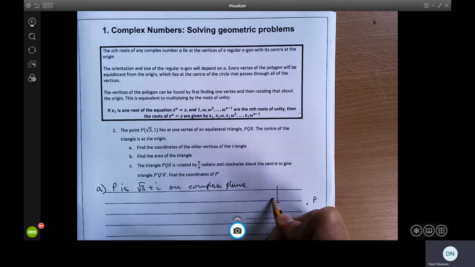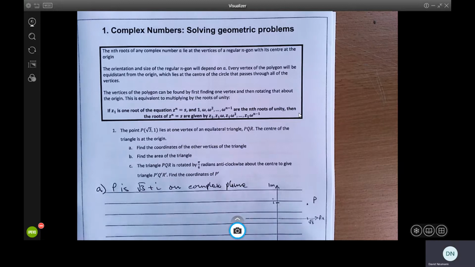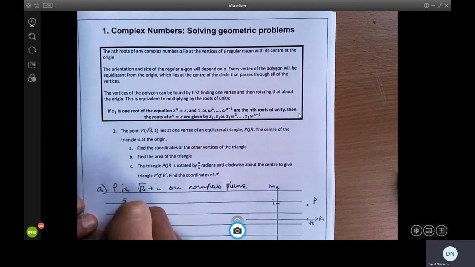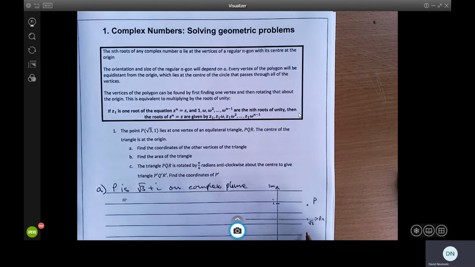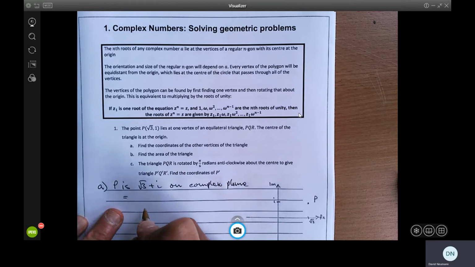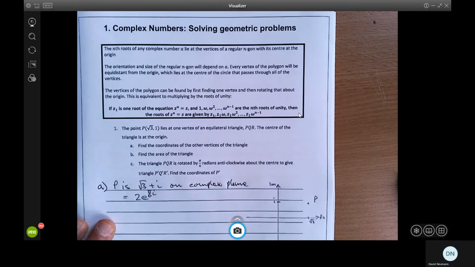Here's i on the imaginary axis. So what's that equal to? Well, it's got a modulus of 2 and an argument of pi over 6. So it's 2e to the pi over 6i.